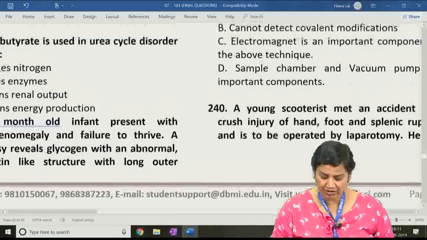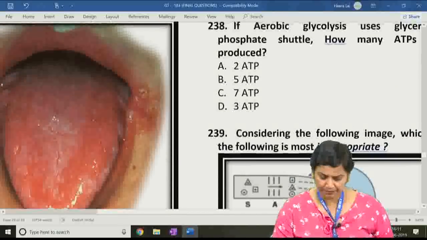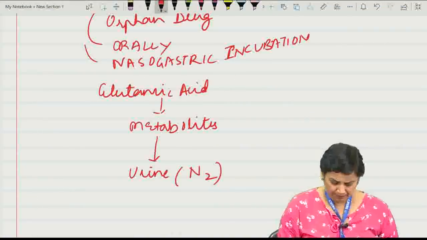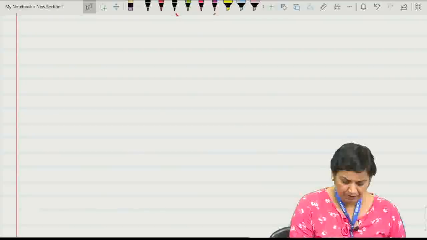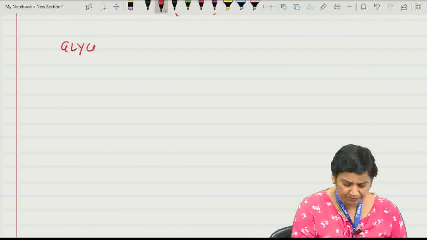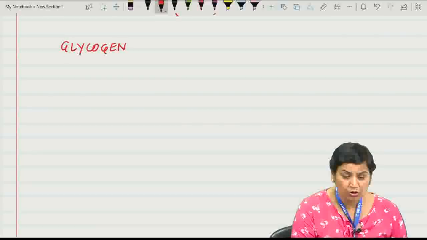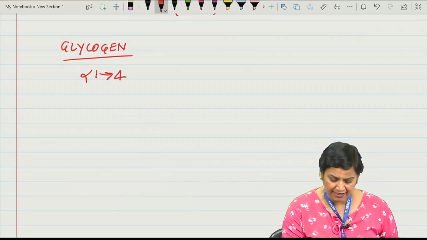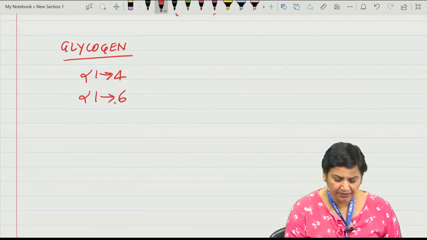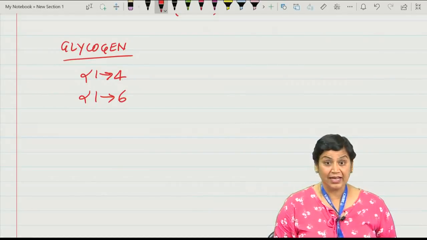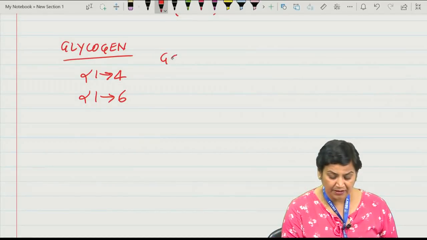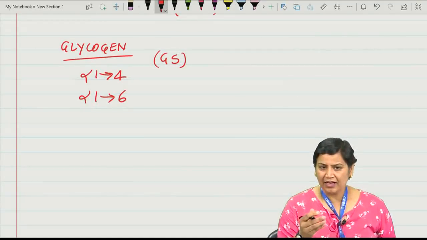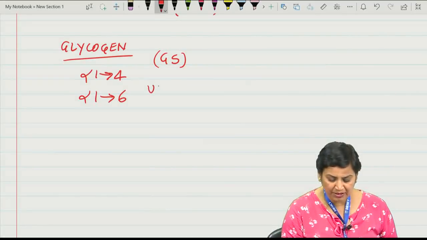If we see the structure of glycogen, glycogen has two types of linkages in it, alpha 1,4 and alpha 1,6. Synthesis of glycogen takes place in the presence of glycogen synthase enzyme. It's simple. What happens is, in glycogenesis, UDP glucose is there.